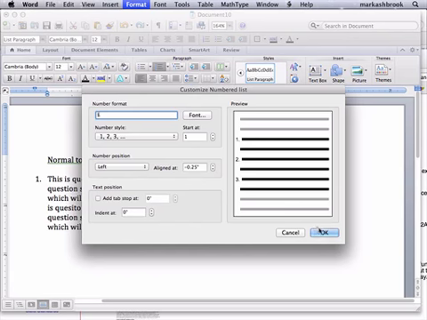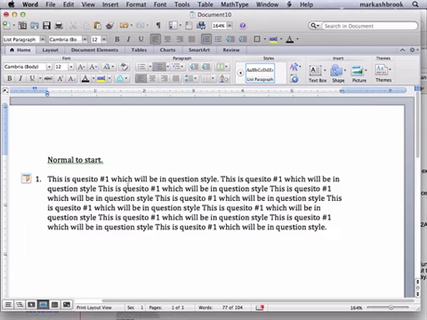Okay? So I'm going to call this question style. Alright, so now I'm continuing in question style, so this is also in question style.